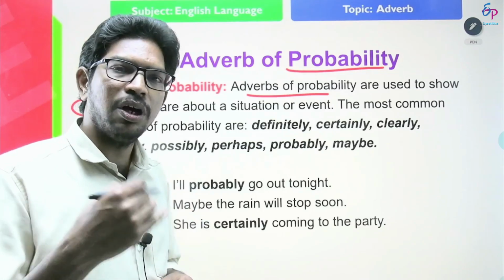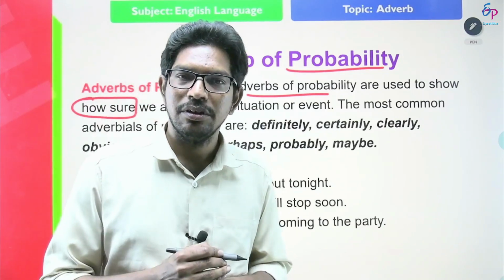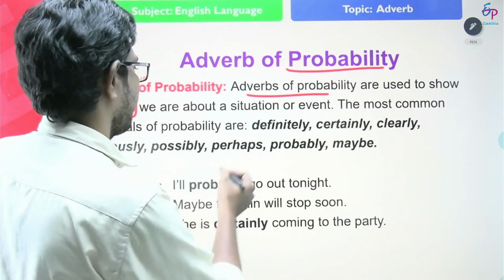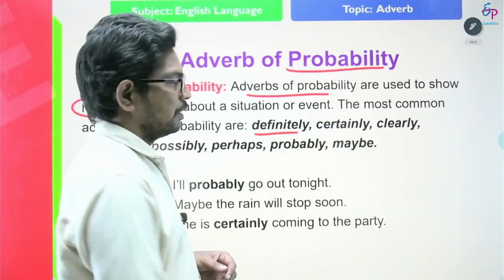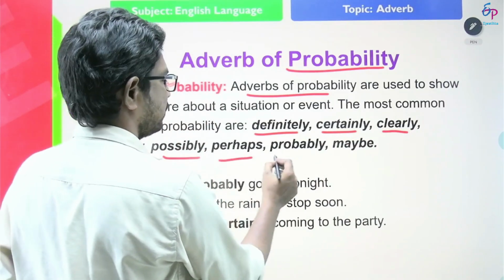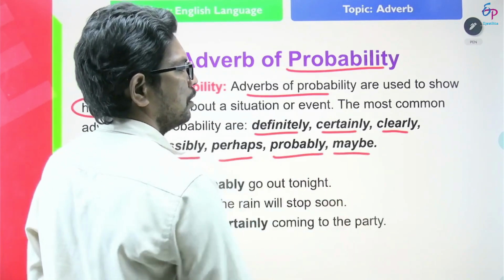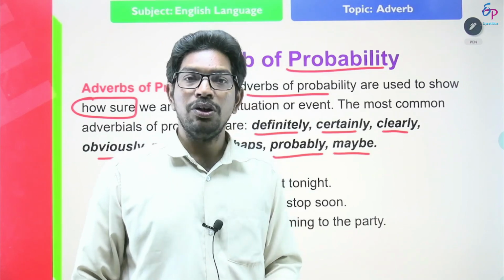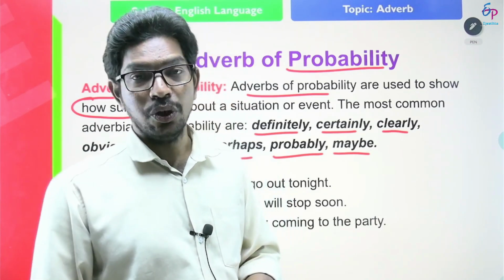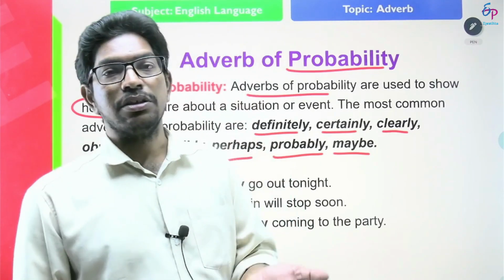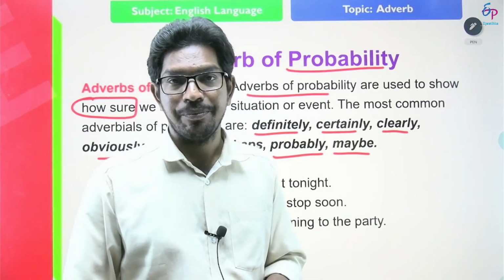That means you are sure about the action that will happen. So what are adverbs of probability? They are definitely, certainly, clearly, obviously, possibly, perhaps, probably, maybe. They are used to show how sure you are about the event or action that will happen.